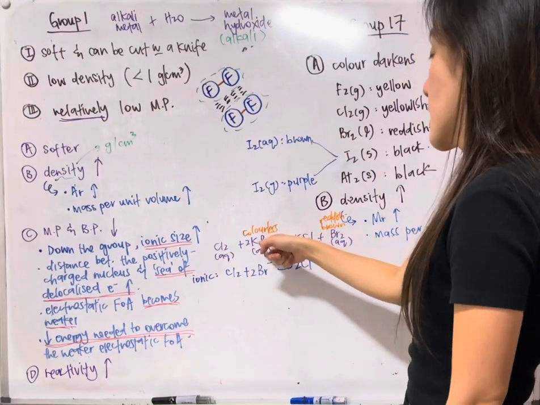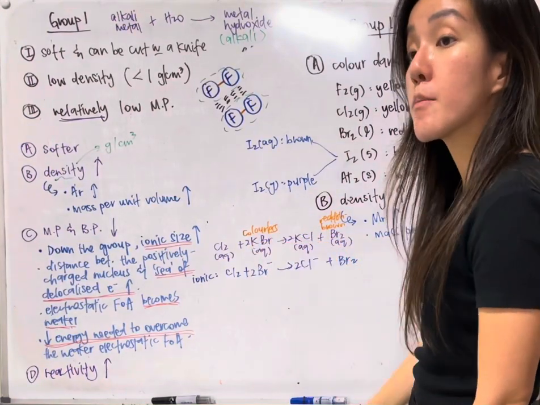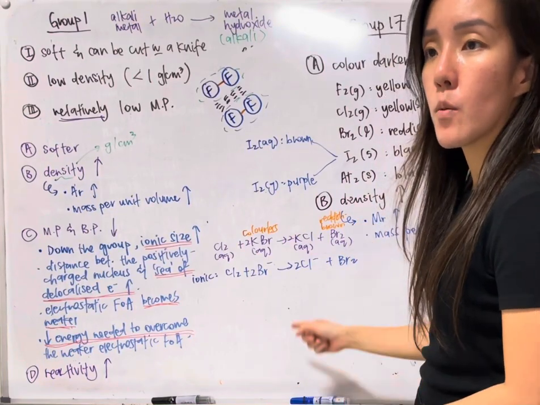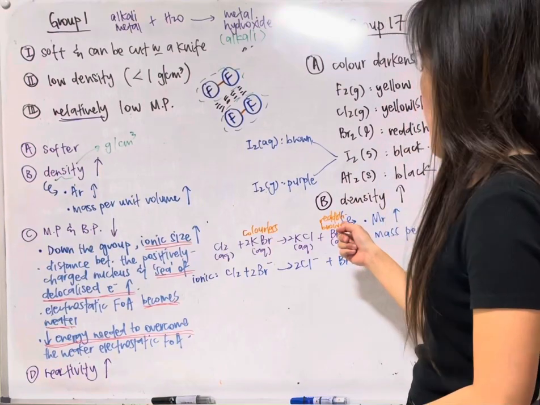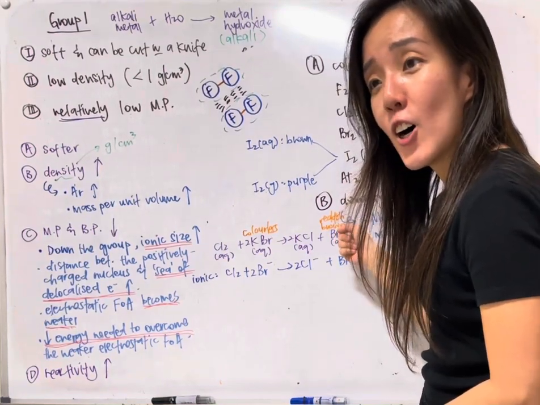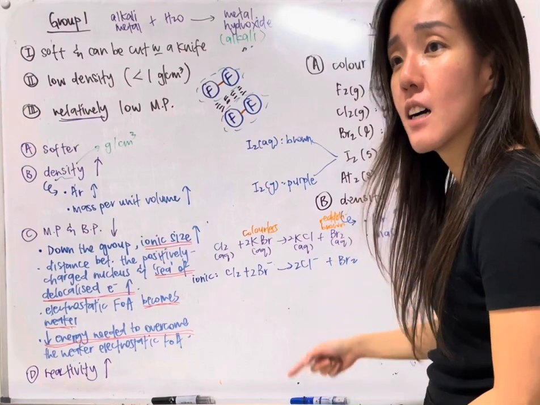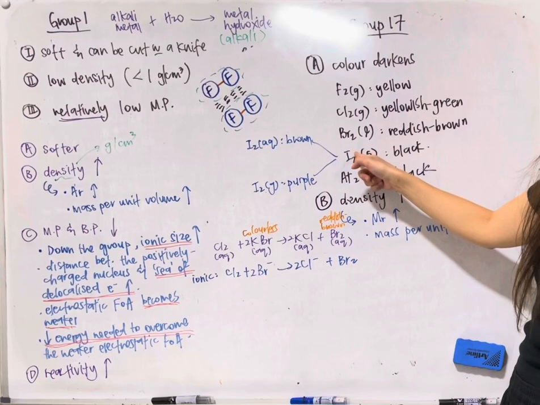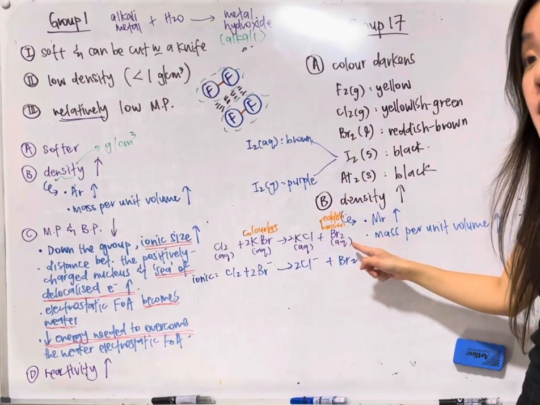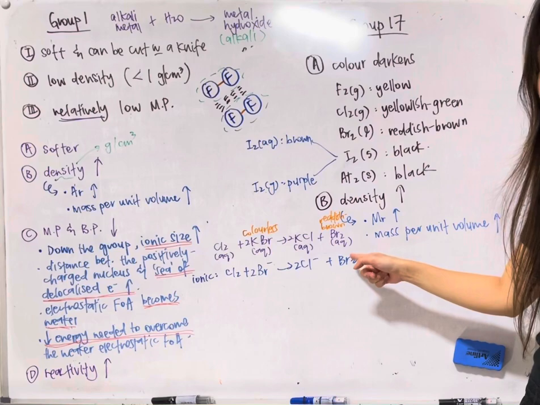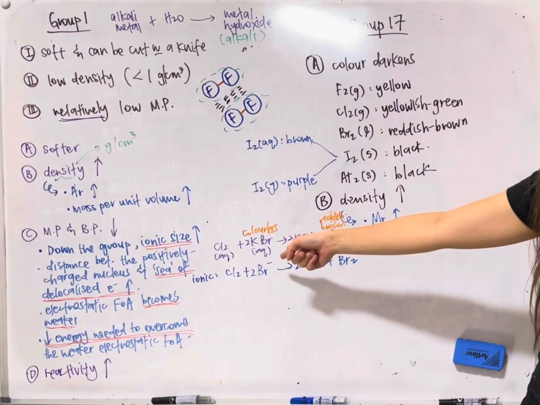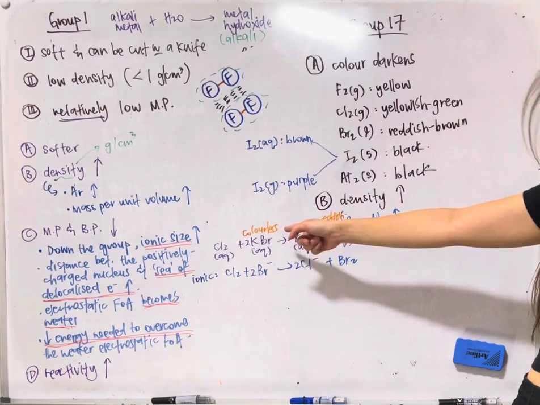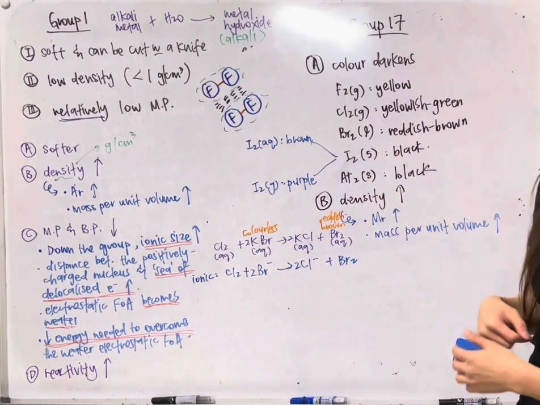The colorless potassium bromide solution will turn... Is bromine not a solid? What do we already learn about bromine? But again, because it's mixed with water, it's aqueous, right? So the color is reddish brown. From colorless to reddish brown.